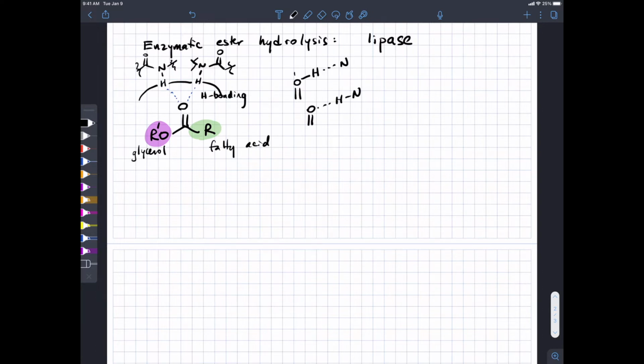That is, there's not a huge amount of difference between the oxygen having the proton or the nitrogen having the proton. All right. So, and this is called, and you'll learn about this in biochemistry, the Oxyanion Hole, because though it does interact with the carbonyl oxygen, it interacts even better with the negatively charged oxygen in the tetrahedral intermediate.